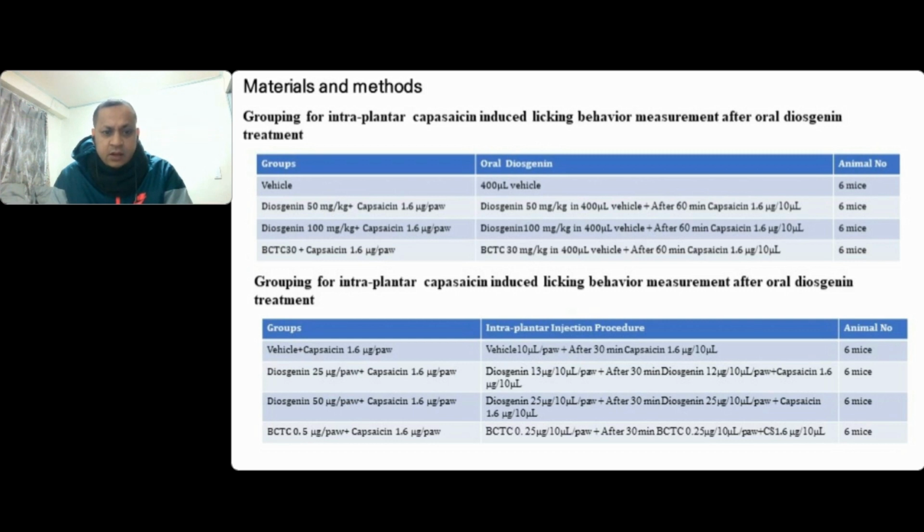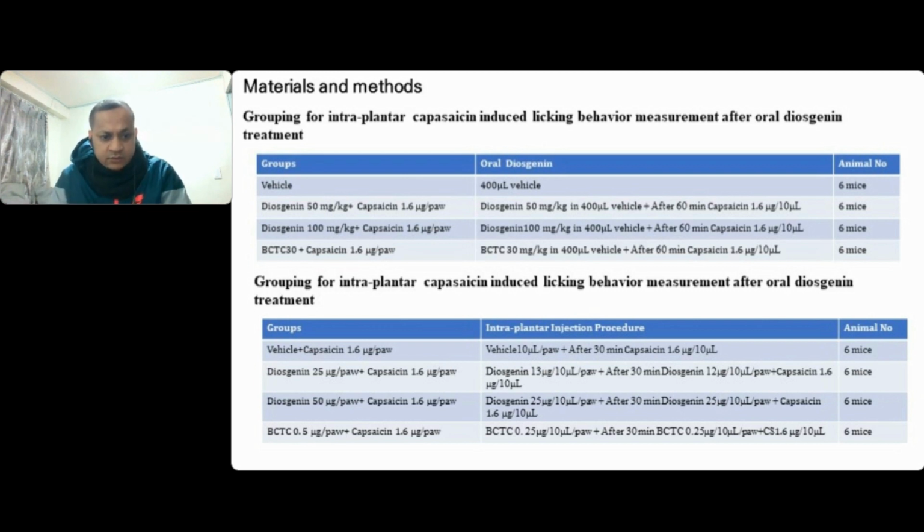Then we inject capsaicin, 1.6 microgram per paw. We also use 400 microliter of vehicle. First we give the oral dose of Diosgenin, and then after 60 minutes we inject capsaicin in the intraplantar region, and we evaluate the pain-related behavior and make the score.